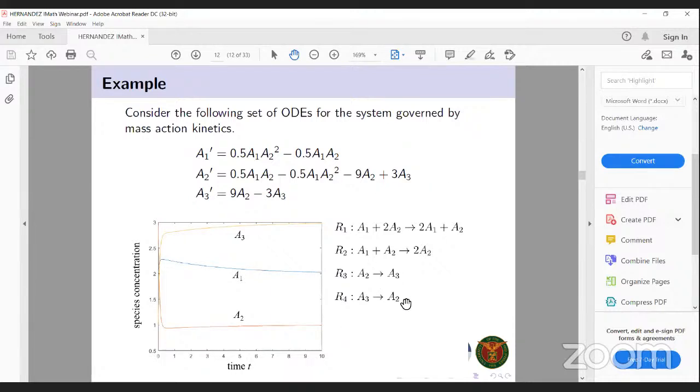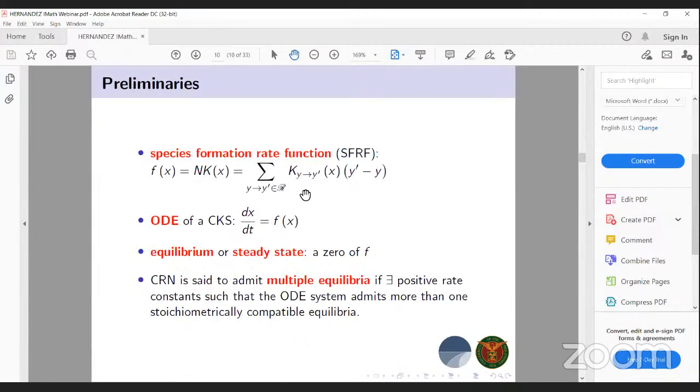Katulad nito, pag kinonsider mo yung R3 at saka R4 na wala yung A1. So may projection kang gagawin from the set of the whole network, laging set of the whole network pababa dun sa subnetworks para so that we can be allowed to do this SFRF.